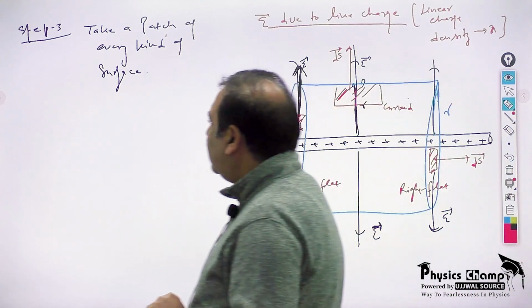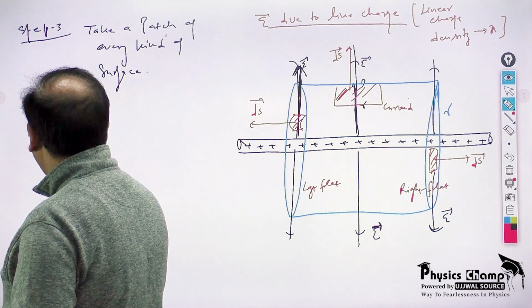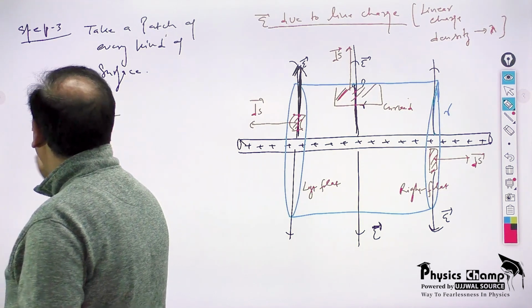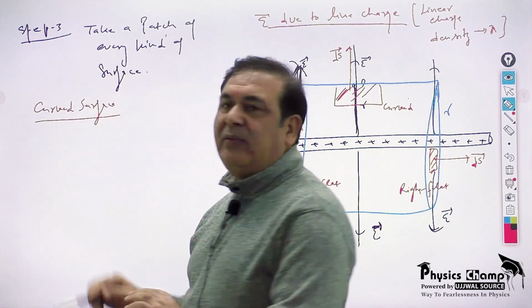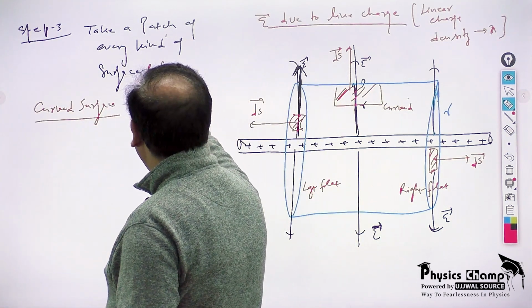Now for this curved surface, take a patch on every kind of surface and find flux through it.